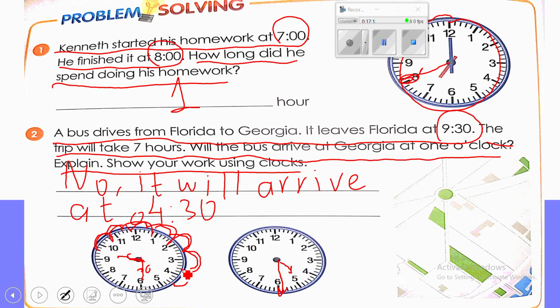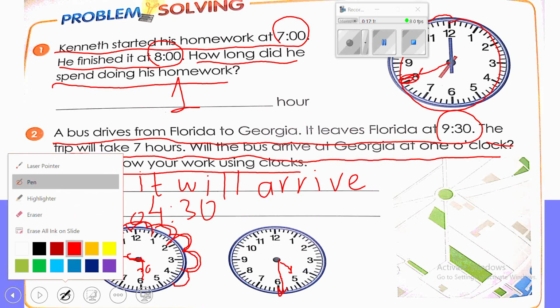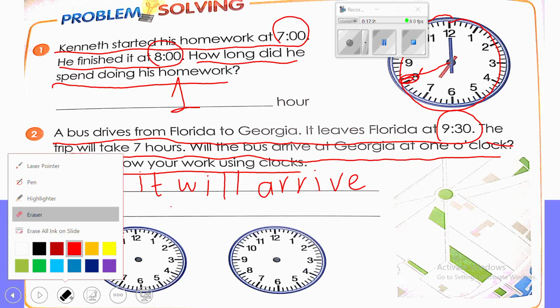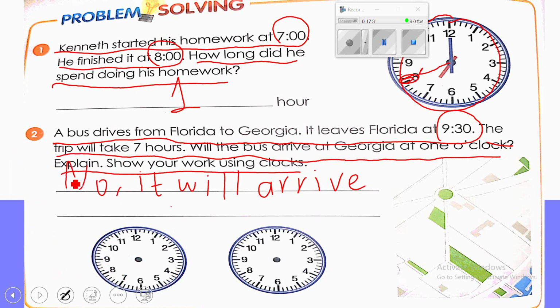6. Yes, sorry, it's not that, okay, I will erase again, do it slowly. So, which hour do we have? 9:30. Let's move now 7 hours.